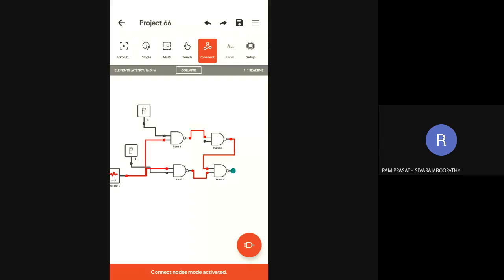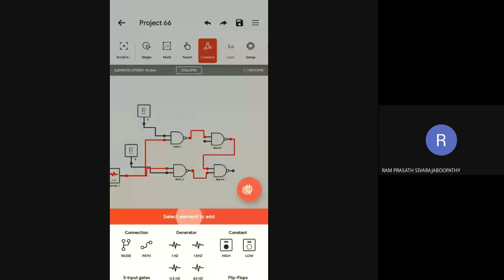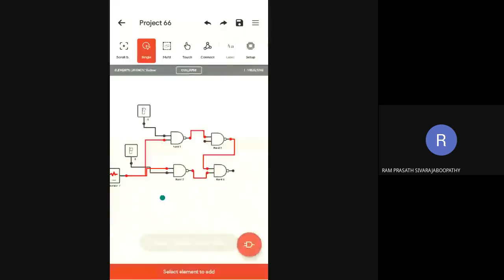Similarly, the fourth NAND gate output is given as one of the inputs to the third NAND gate. If it is confusing, you can use a node. I hope it is clear now.